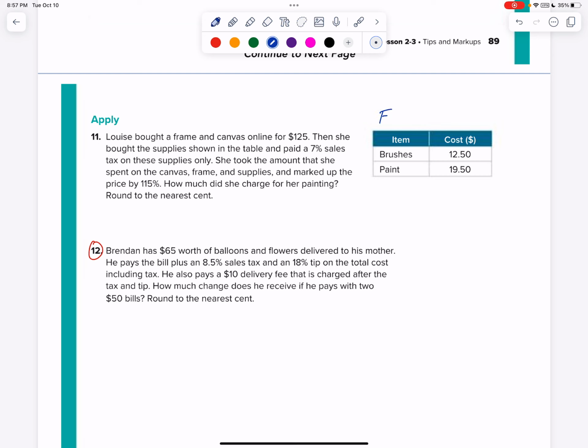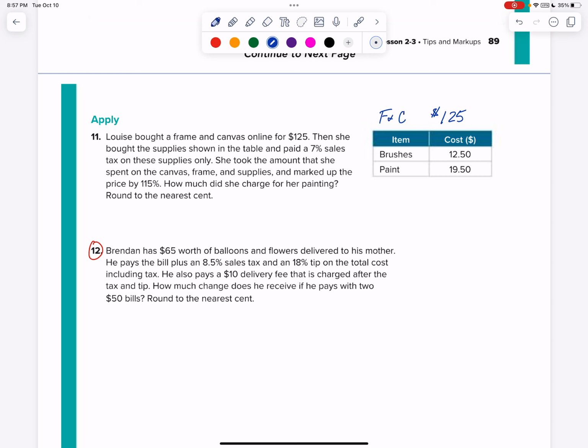So I'm going to do frame and canvas $125. Okay. But no tax on those. There is a 7% sales tax on the brushes and paint. She took the amount that she spent on the canvas, frame, and supplies and marked up the price by 115%.